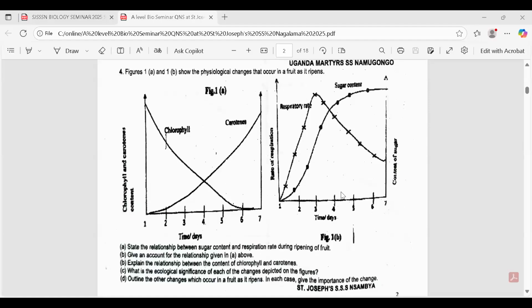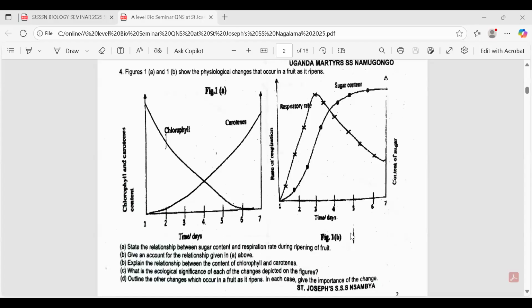When you're giving relationships, of course, we can use the word as, we can use the word while, okay? But in this case, when you are stating a relationship, where here they just said state the relationship, they didn't ask you to explain. In that same vein, it means that you're just going to simply state the relationship.